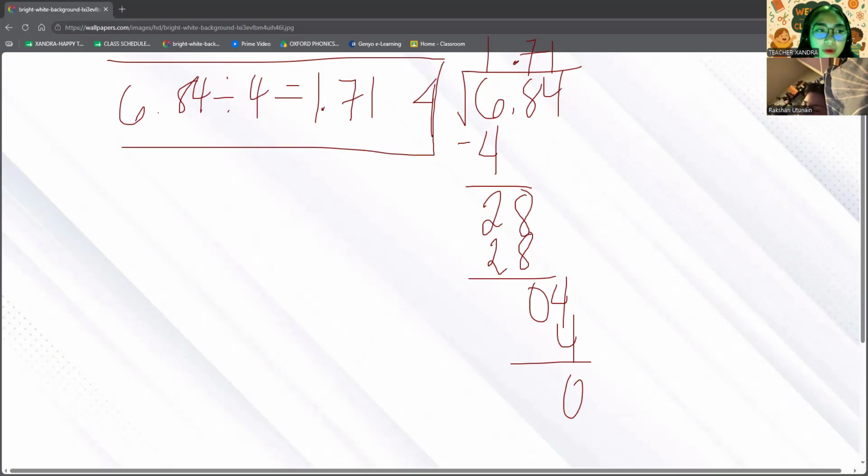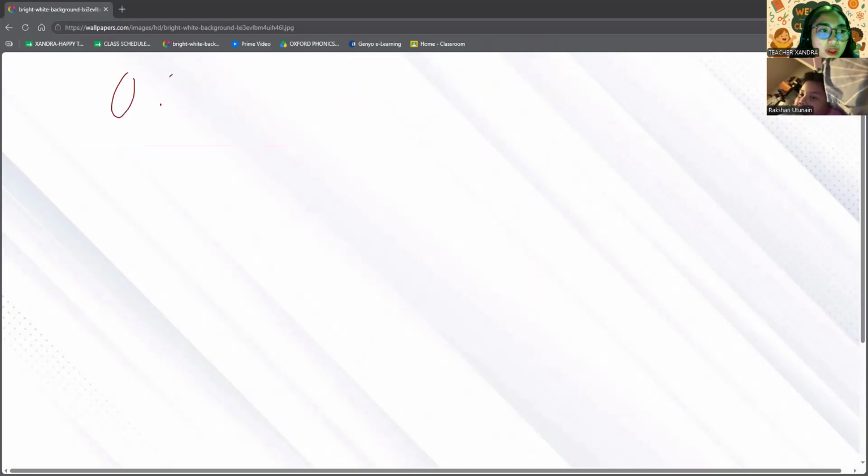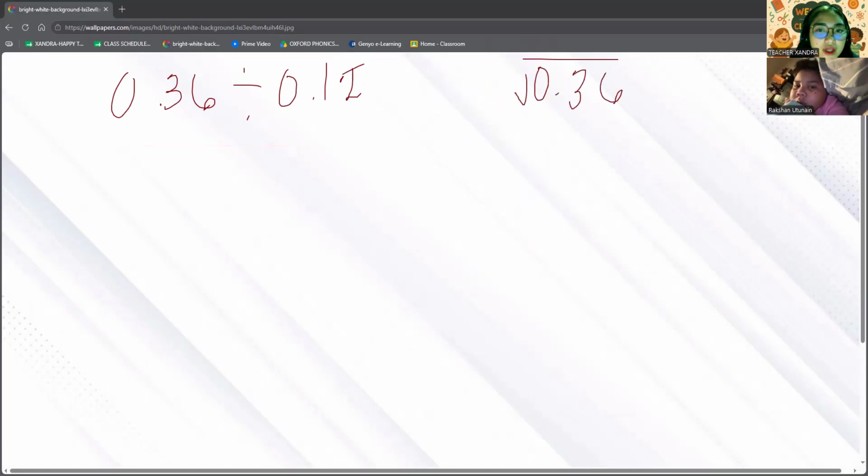Okay, so that's correct. Next one, 0.36 divided by 0.12. If you write it in a long division, that would be 0.36 divided by 0.12. What are you going to do here? One, two decimal places to the right.